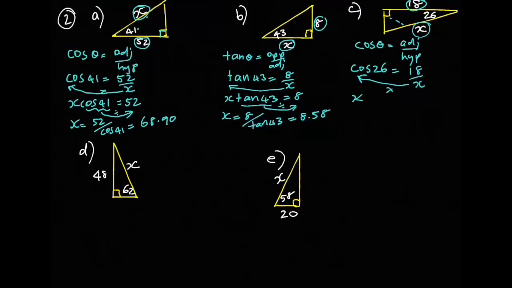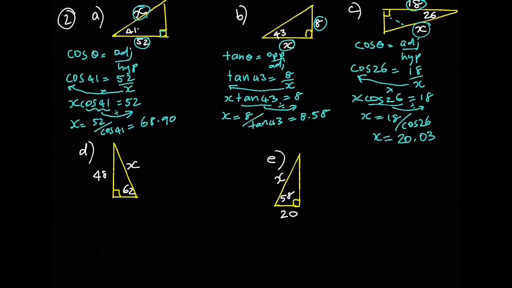So x cos 26 equals 18. Now we bring the cos 26 over to divide because it's multiplying, which gives x equals 18 on cos 26. x equals 20.03, correct to 2 decimal places.